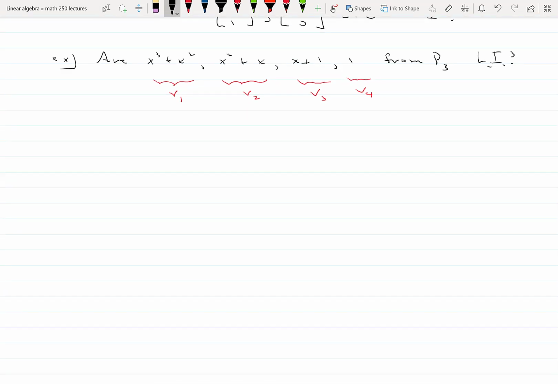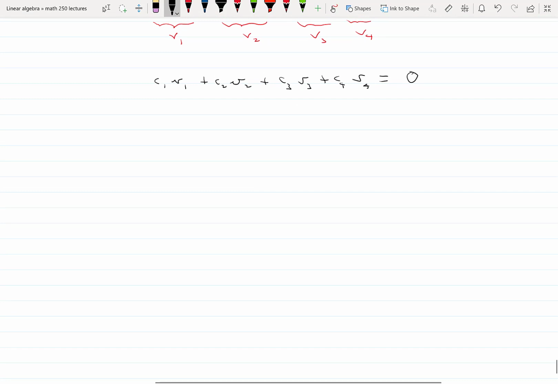I don't know. So set up the equation c1 v1 plus c2 v2 plus c3 v3 plus c4 v4 equals the 0 vector from P3. The 0 vector from P3 we know from section 2.1 is the polynomial p of x equals 0, or f of x equals 0. Well, let's see what this equation reveals to us.